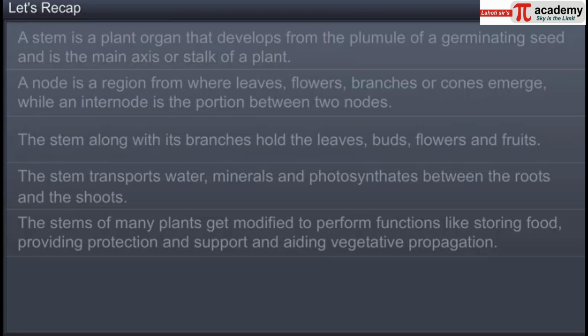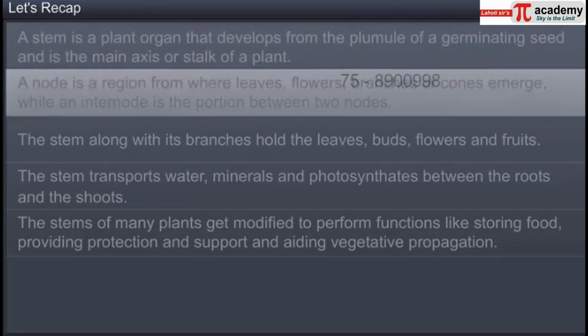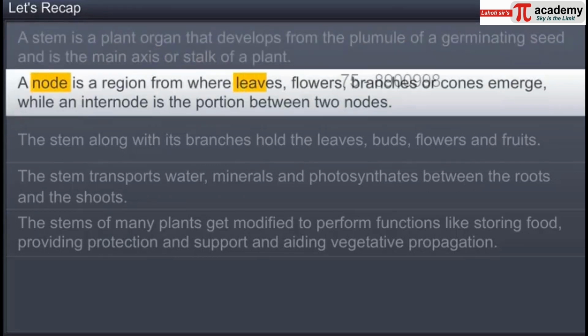In this module, you learnt that a stem is a plant organ that develops from the plumule of a germinating seed and is the main axis or stalk of a plant. A node is a region from where leaves, flowers, branches or cones emerge, while an internode is the portion between two nodes.